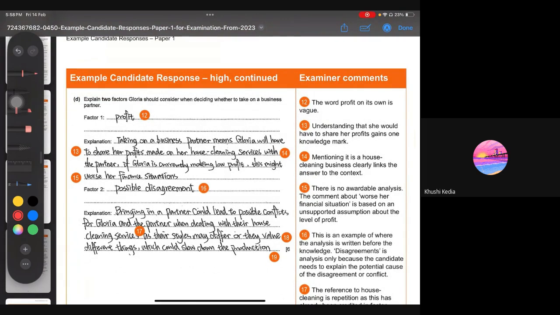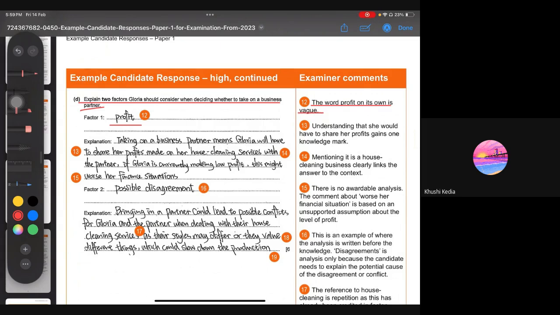Yes, I got that. Explain two factors Gloria should consider when deciding whether to take on a business partner or not. So, she said profit. The word profit on its own is vague. So, he is not given the mark for the knowledge, right?